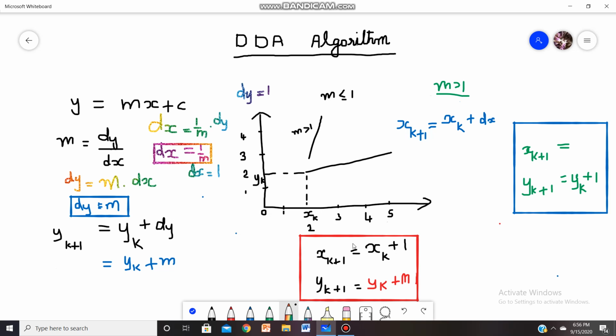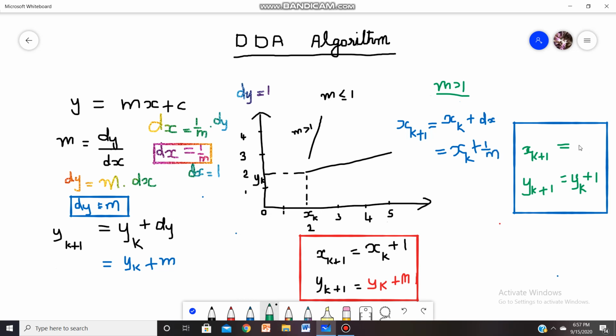So I substitute here: I have xk plus dx, so I can write it as xk plus 1 by m. So we are done with our equation.